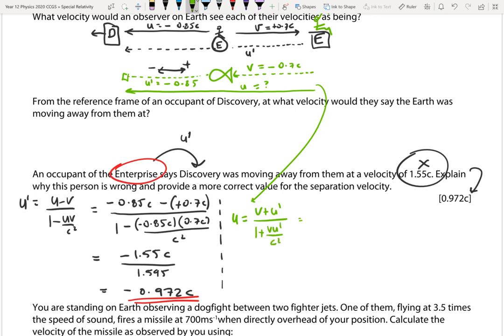All right, and they're all negatives again. Everything's moving left, so everything's going to have a negative. Negative 0.85c. I've done it in the wrong order. Let's try that again. Negative 0.7c. Negative 0.85.